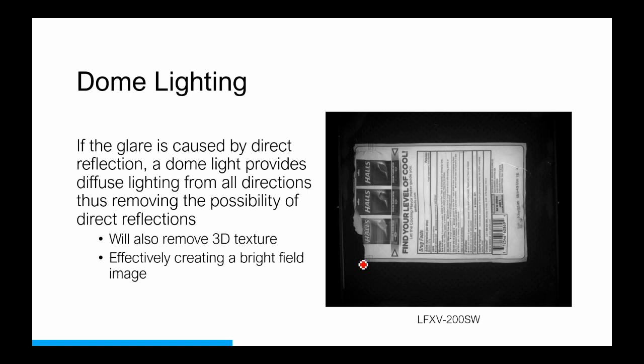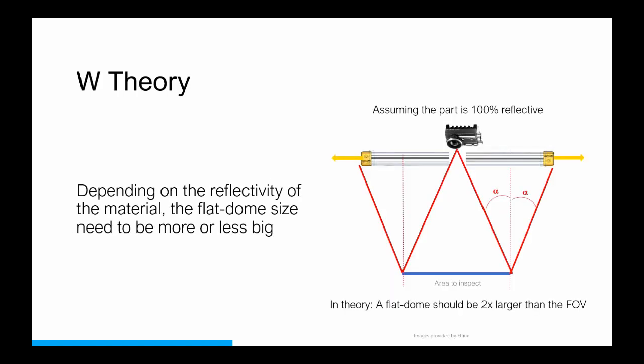There are a few things to touch on when talking about dome lights, and the first one is the size. We call this the W theory because of the way the reflections work. The more reflective your part is, the more this comes into play.